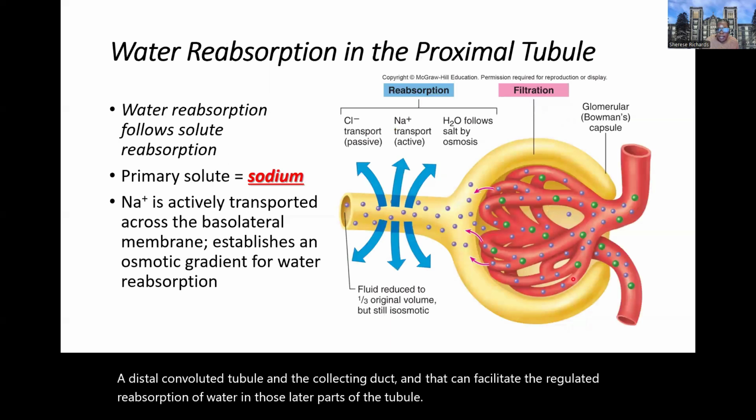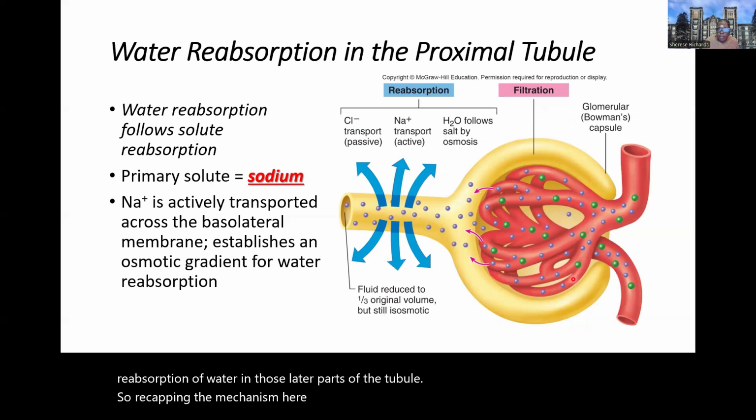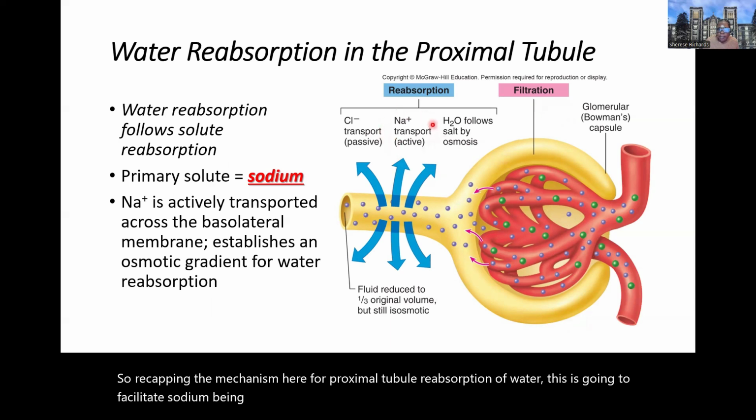So recapping the mechanism here for proximal tubule reabsorption of water, this is going to facilitate sodium being actively transported across that basolateral membrane. The sodium-potassium pump is important here.